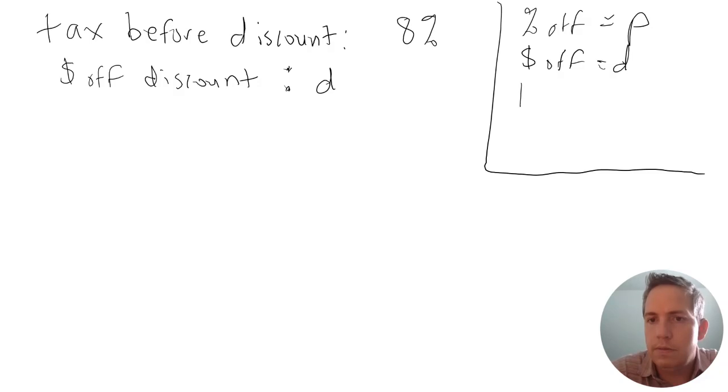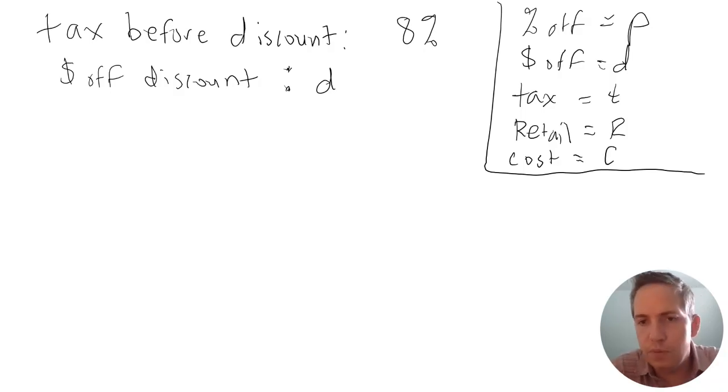Tax, let's call that T. Retail value, let's call that R. And the cost, what you're actually going to pay, let's call that C. So when we're building these formulas, let's use those values.